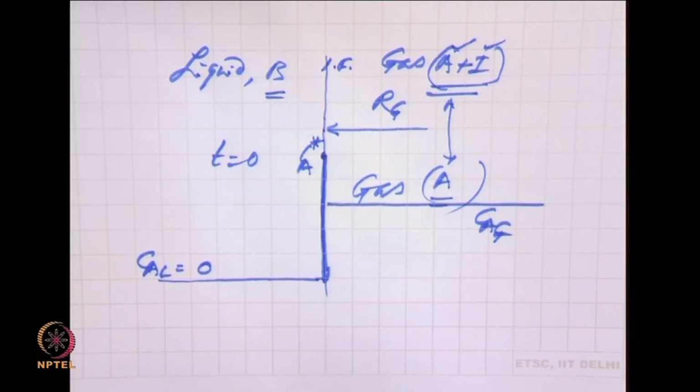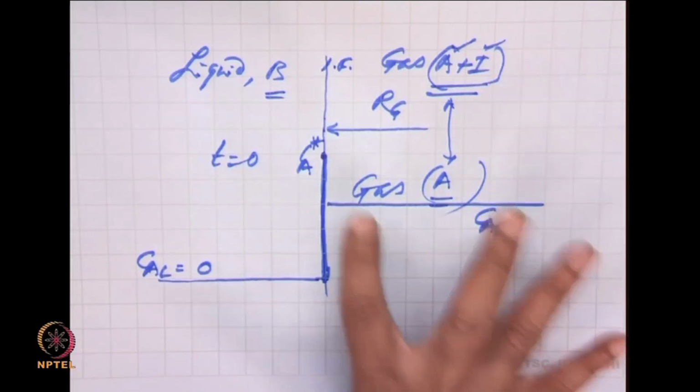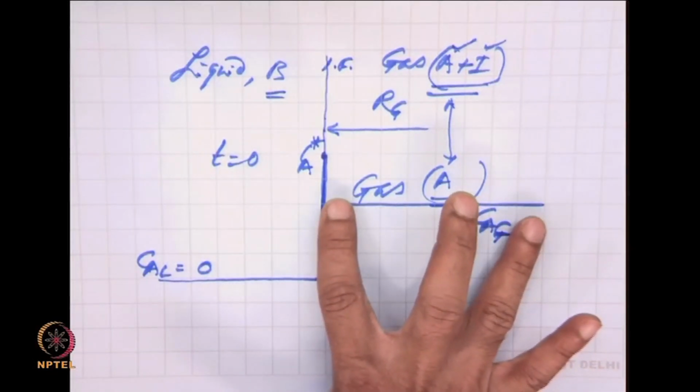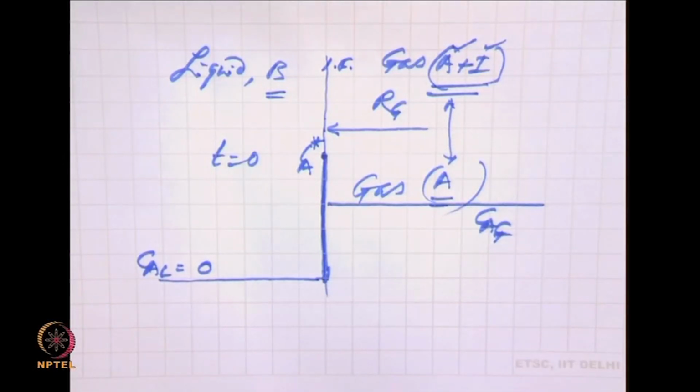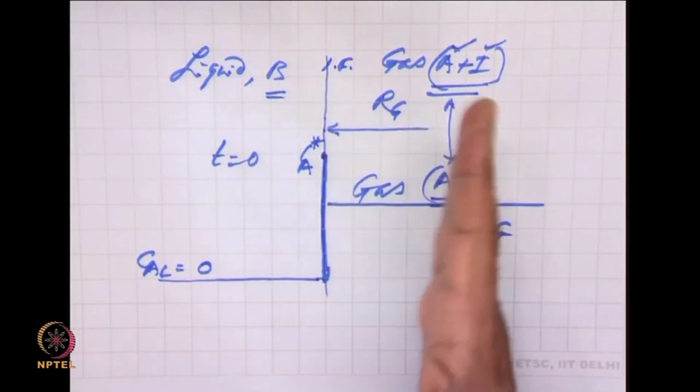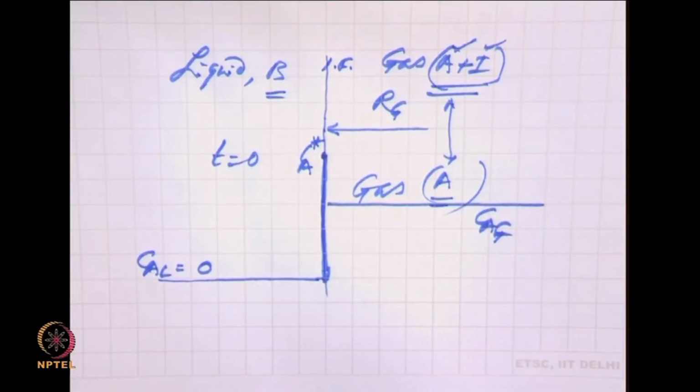So, we have to now see that within the gas there is a self diffusion which is providing the barrier. The collisional barrier is of like molecules. There is only a certain rate at which A can be permitted to impinge on the liquid surface.